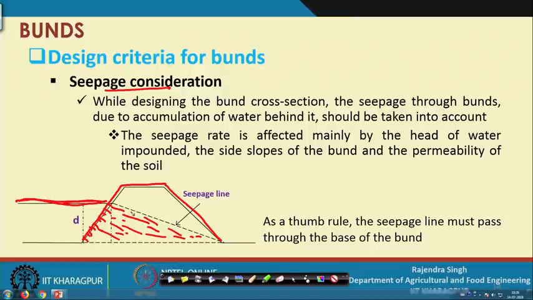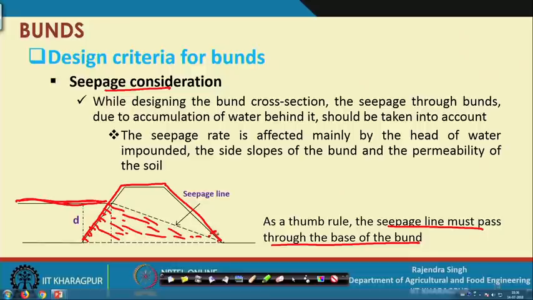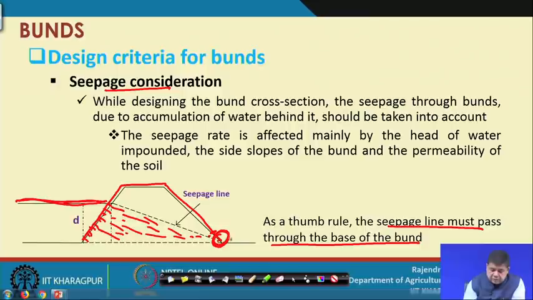What is important is that, as a thumb rule, the seepage line must pass through the base of the bund. So, we design in such a way that this seepage line should never cross the downstream section, because if that happens then the toe becomes susceptible to failure.